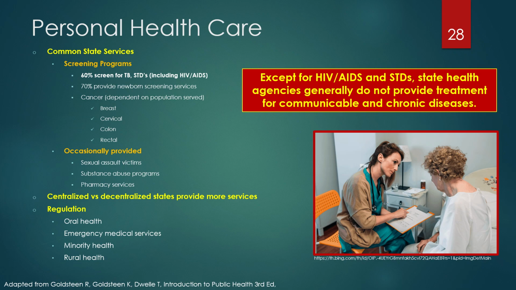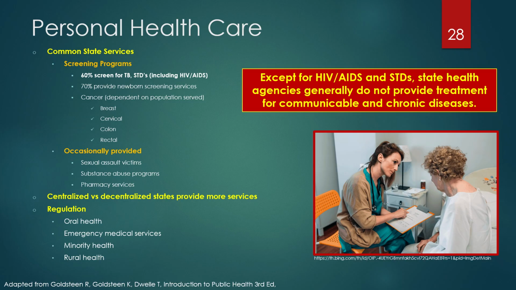Except for HIV/AIDS and STDs, state health agencies generally do not provide treatment for communicable and chronic diseases. Approximately 60% screen for tuberculosis and STDs, including HIV/AIDS. Over 70% of agencies provide newborn screening services. The frequency of screenings for breast, cervical, colon, and rectal cancers are dependent on the size of the population served.